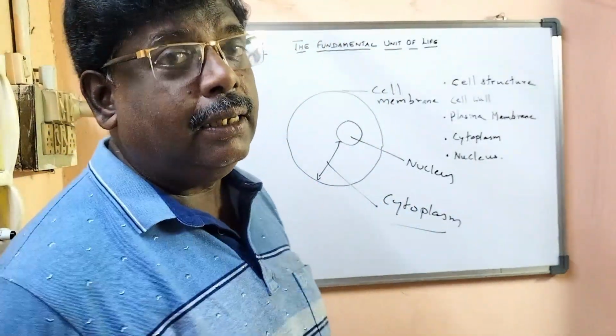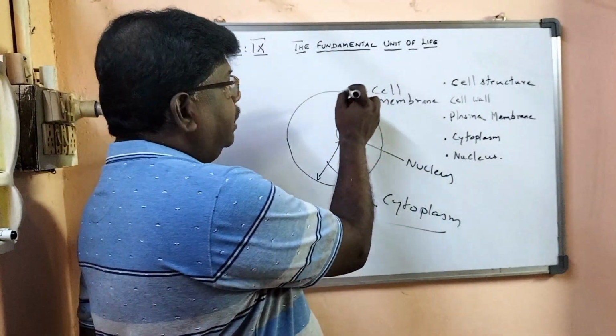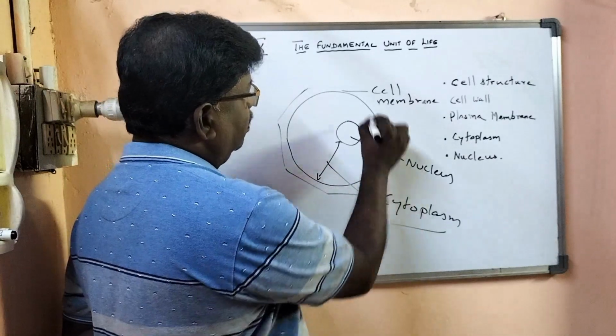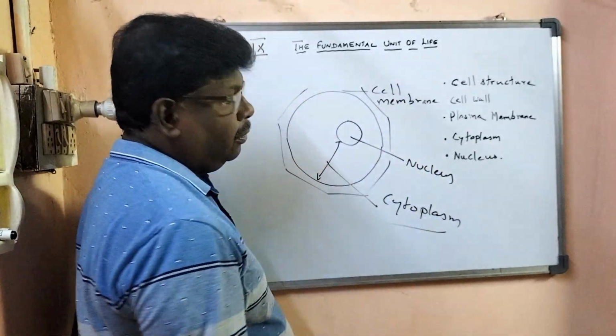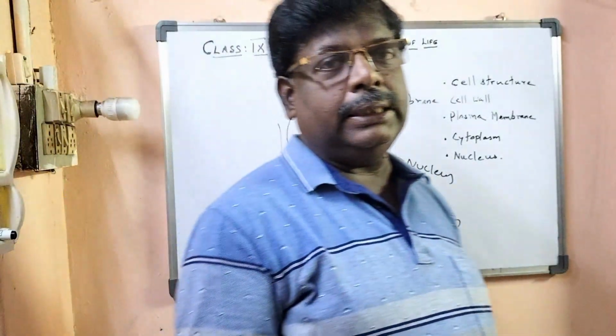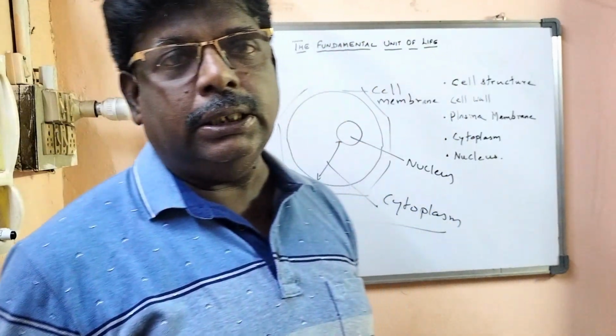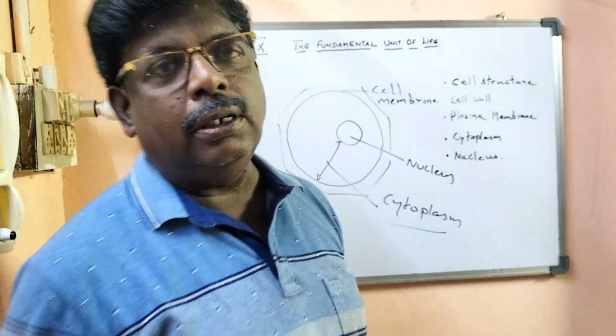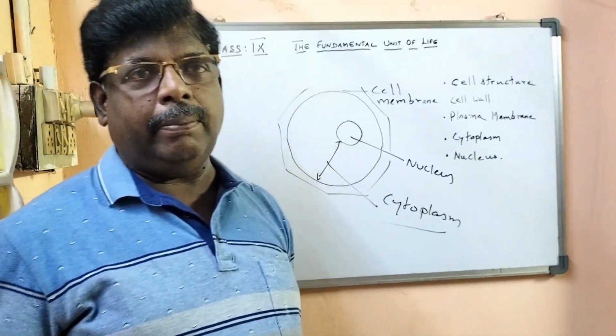In plant cell, other than cell membrane, we have a cell wall, and that cell wall is made up of cellulose. So plant cell has cell wall, animal cell has only cell membrane.